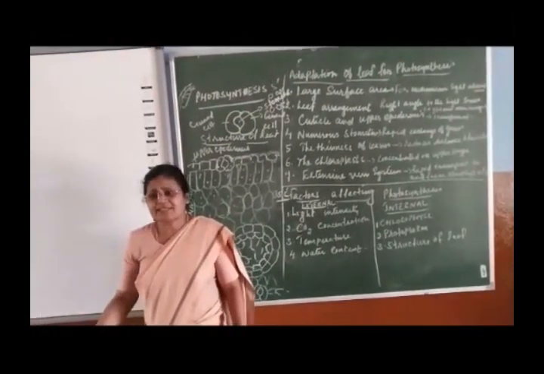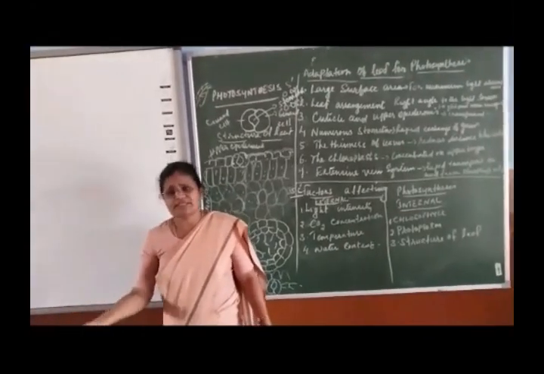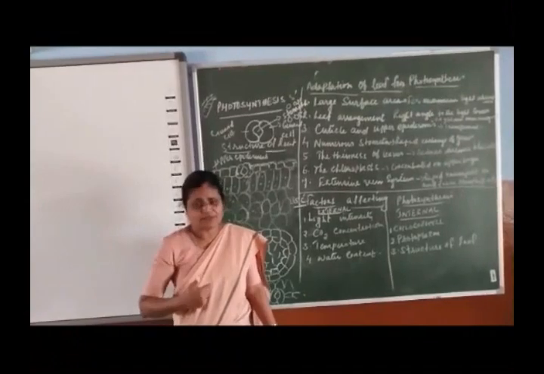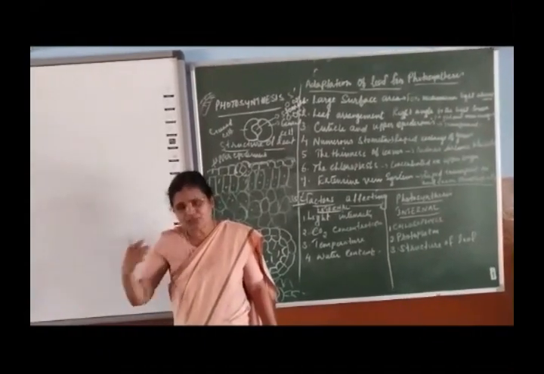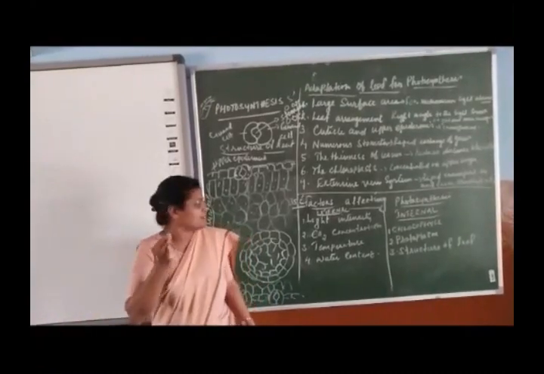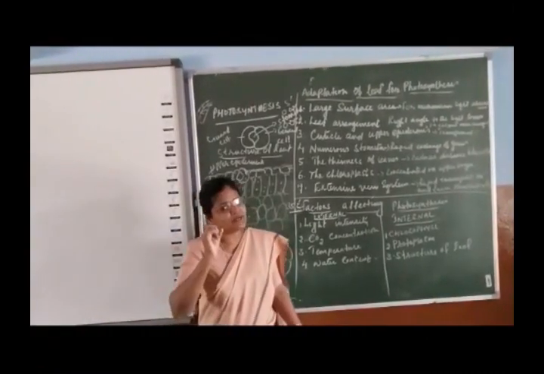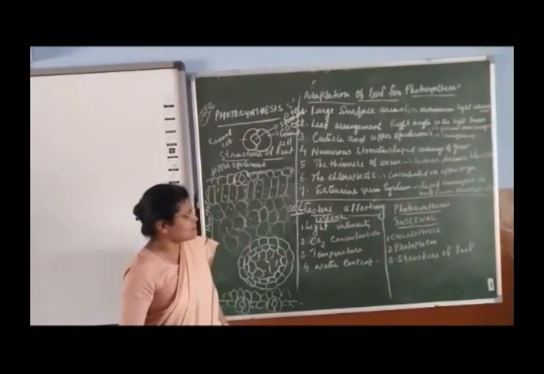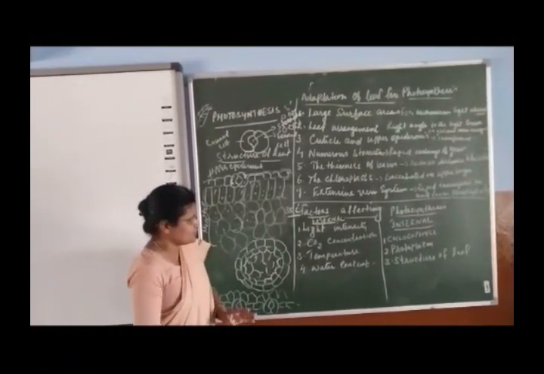And if there is scarcity of water during the day, it cannot absorb all the more. So it absorbs the maximum amount of water during night, and during the day, though it is absorbing, simultaneously it is getting lost. Thus, the leaf uses only 1% of the water absorbed by the root for photosynthesis. I am sure you are clear with that.